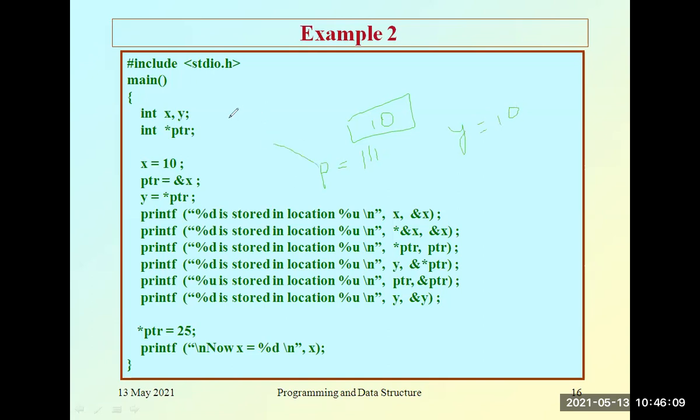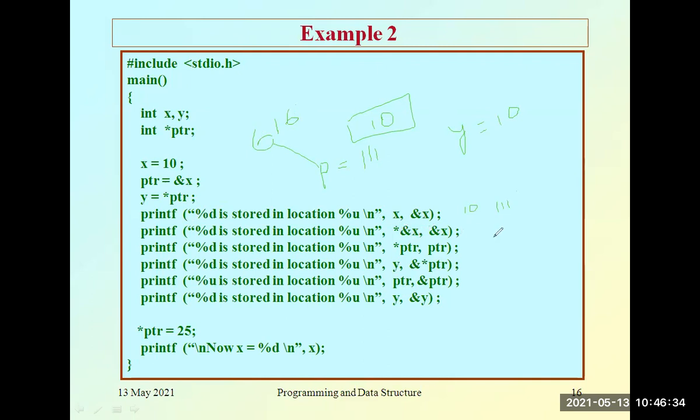So p has some address, I am giving it 616. Now see here, x is 10 and ampersand x is 111. Here we get 10 and here we get 111.